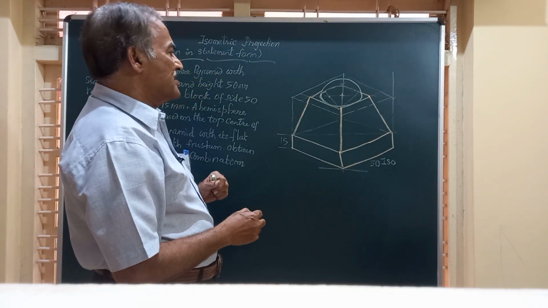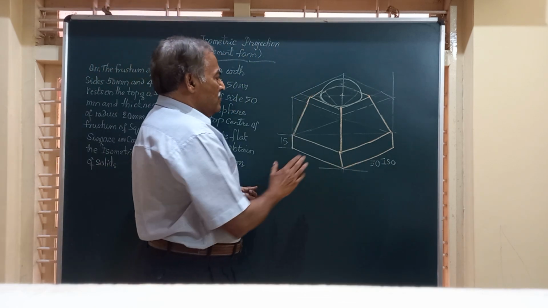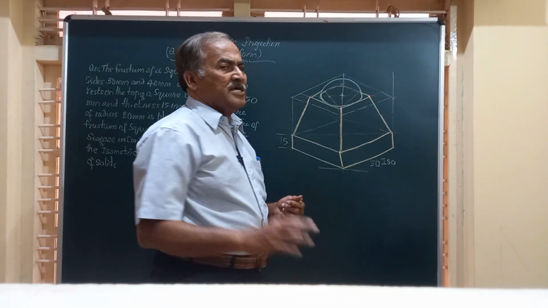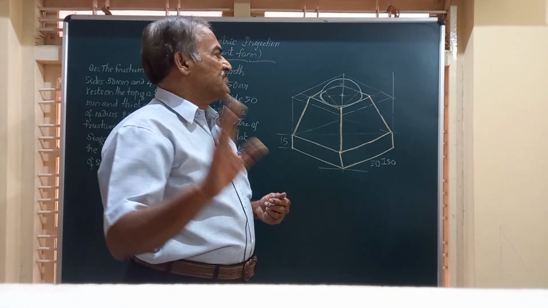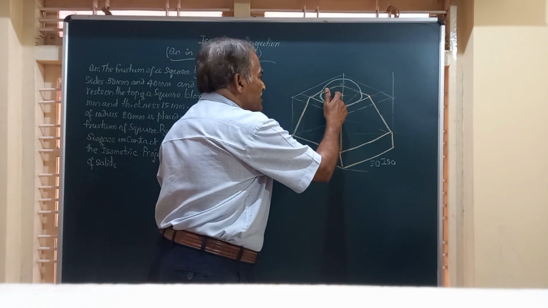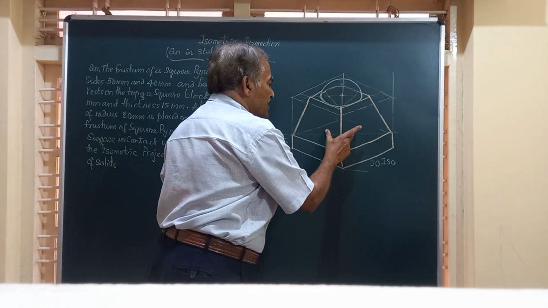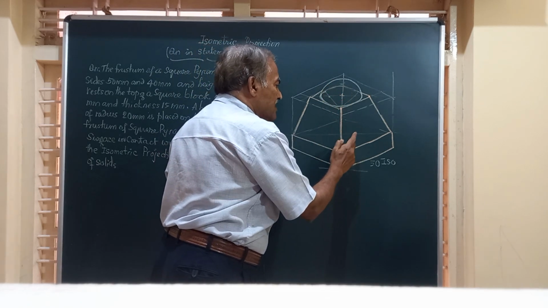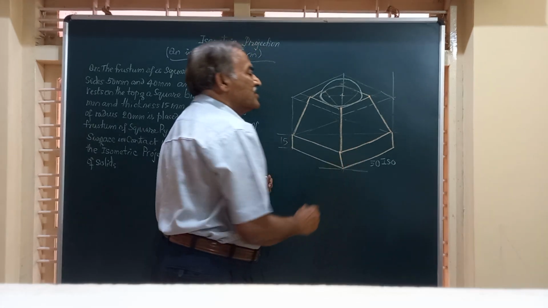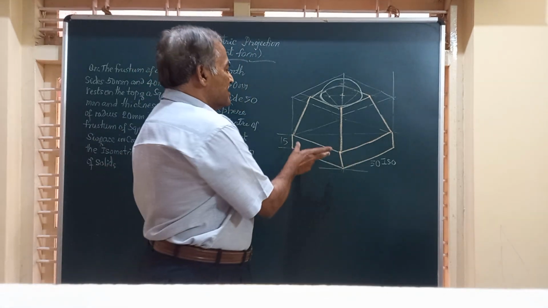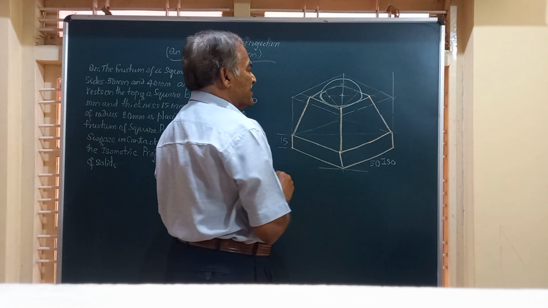And friends, here if you can see, we have drawn the isometric projection of the combination of a hemisphere which is on the top of a square pyramid frustum, and this is on the top of a square block having the same dimension 50 millimeter.